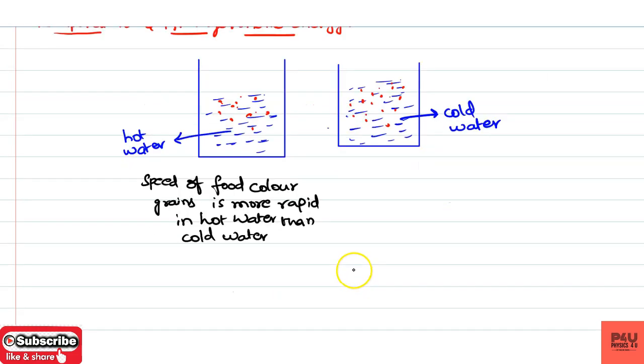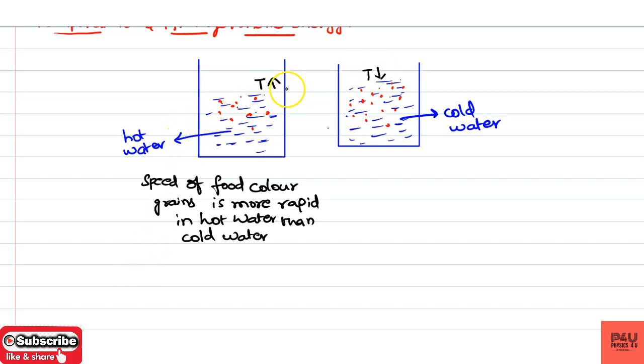So what can you understand from this? Why are these moving very fast in hot water compared to cold water? For a hot body, temperature will be high. For a cold body, temperature will be low.